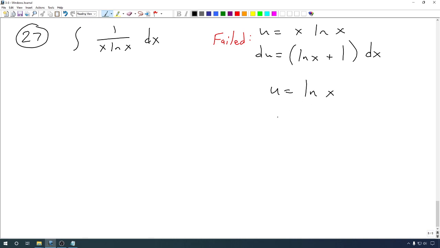And the reason why this is going to work is that when we take the derivative of the natural logarithm, we end up with a 1 over x. And so the x here on the bottom looks like it's part of a product because we're multiplying it to the ln of x. We could also think of it as a 1 over x times the 1 over ln of x. So this 1 over x here can combine with the 1 over x that we have here.